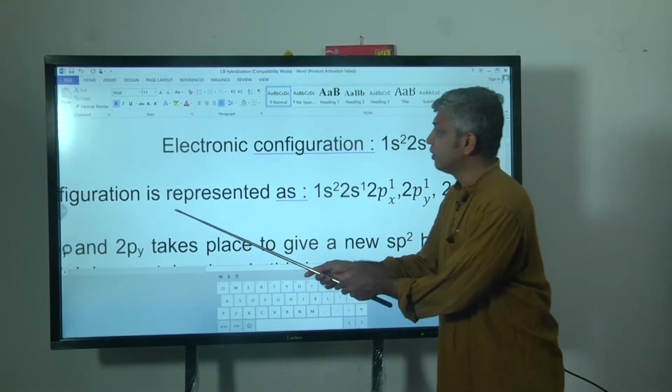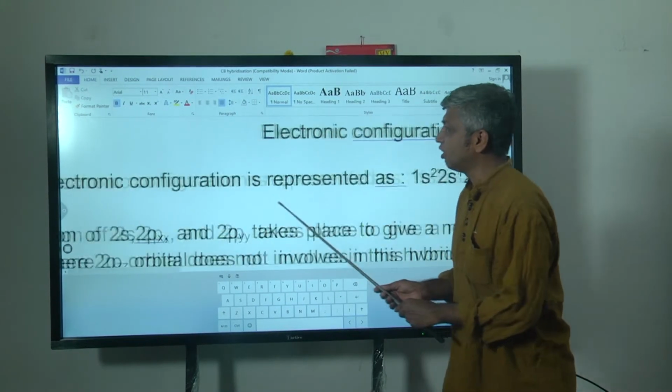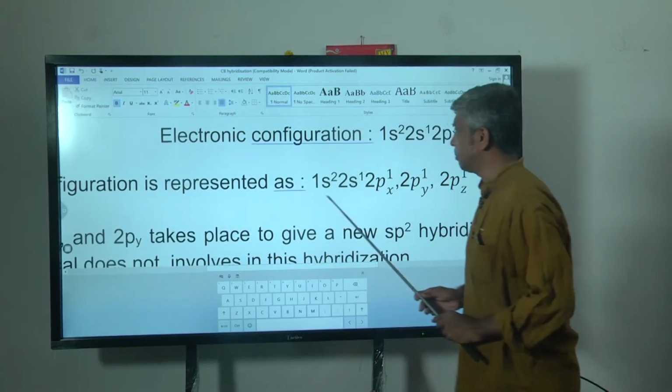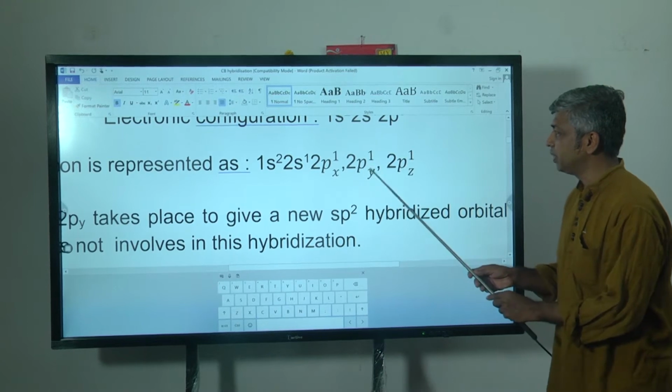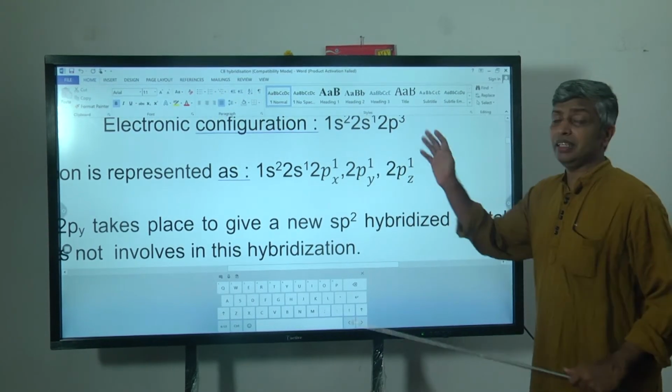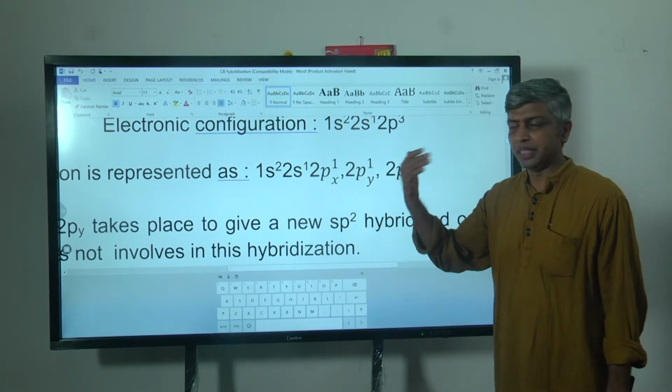So the valence electronic configuration is represented as 2s1, 2px1, 2py1, 2pz1. I think we already discussed this in sp3 hybridization.